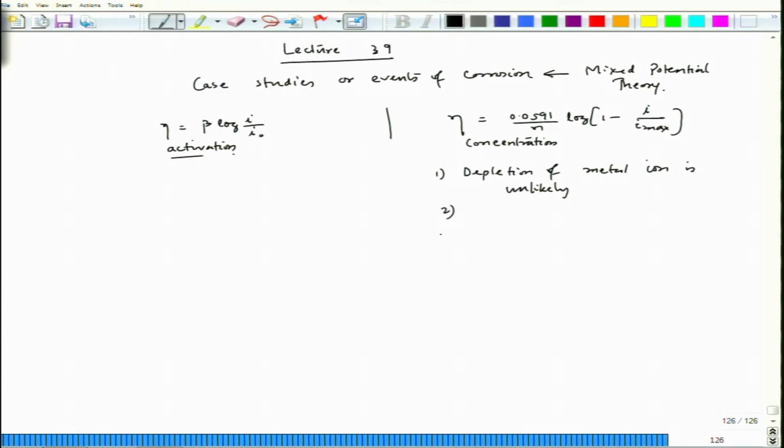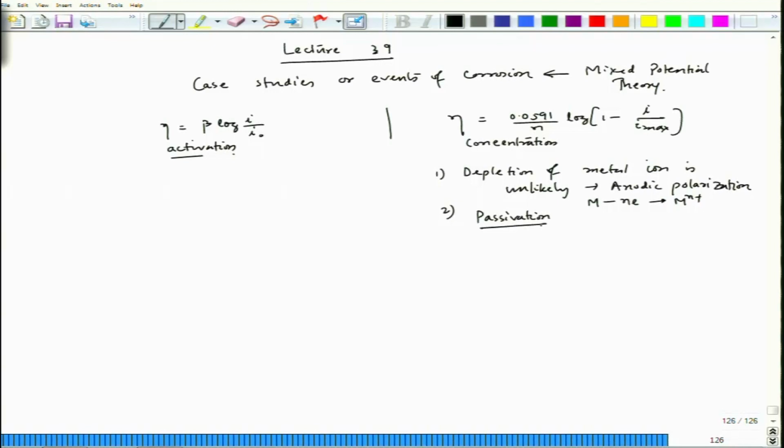And the second part is that during anodic polarization there could be a possibility of passivation.